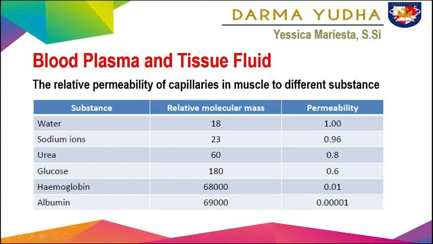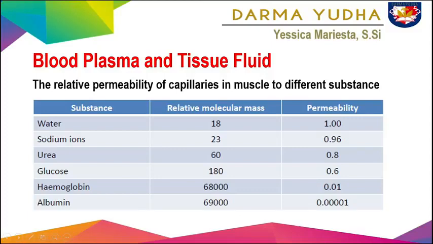The net result of this competing process is that fluid tends to flow out of the capillaries into the tissue fluid at the arterial end of a capillary bed, and into capillaries from tissue fluid near the venous end of the capillary bed.